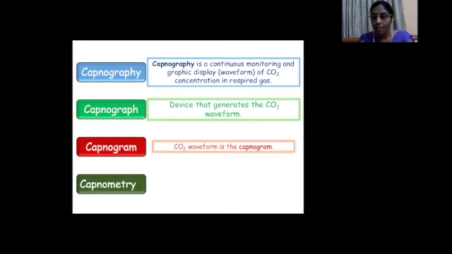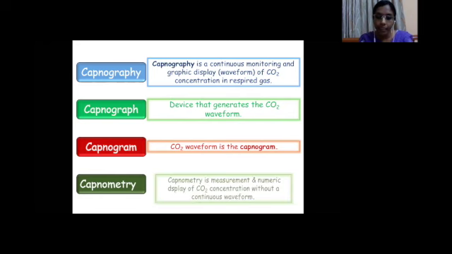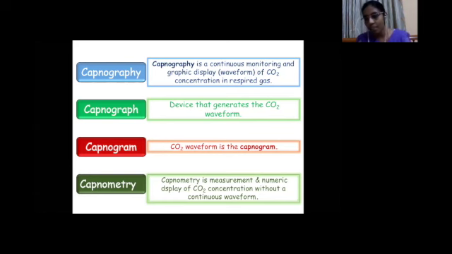The waveform as such is the capnogram. And what do we mean by capnometry? Capnometry is measurement and numeric display of carbon dioxide concentration without a continuous waveform. That means in capnometry we just get a number, while in capnography we can have real-time monitoring of each and every breath via a graph.